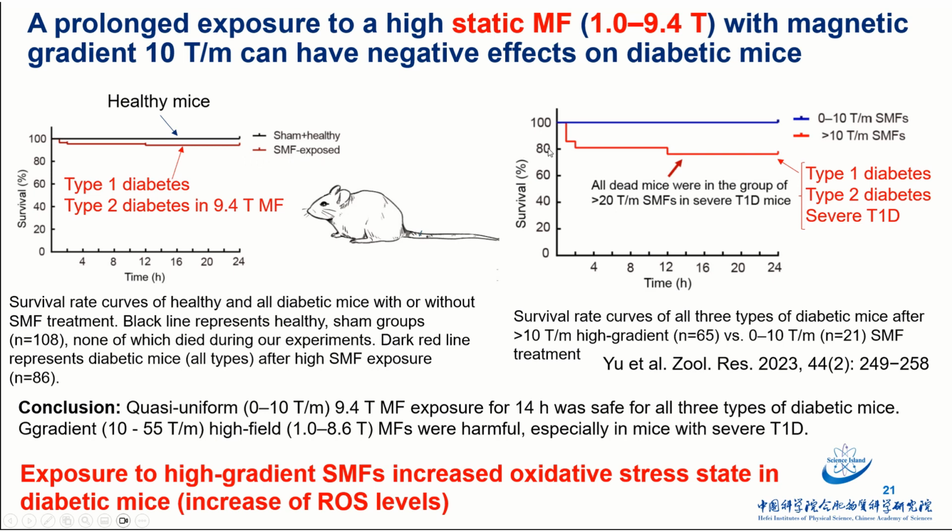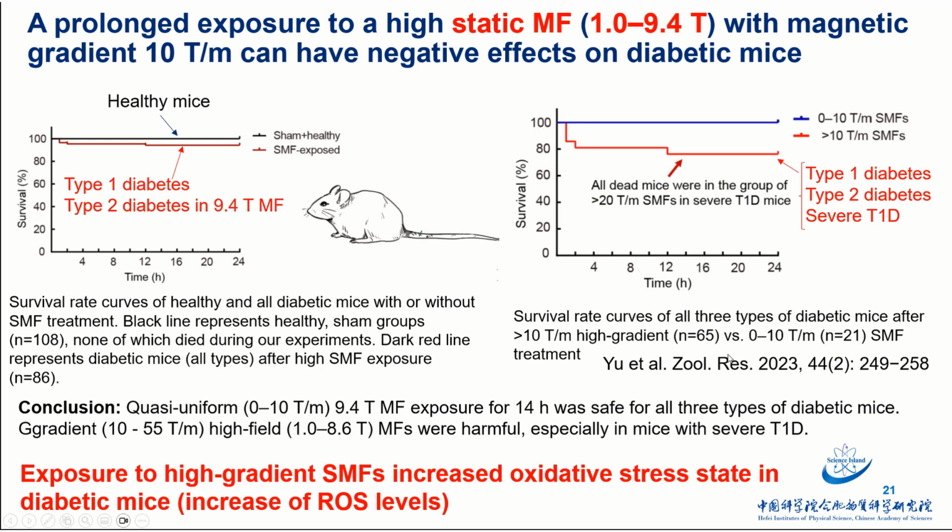On the right, you can see that exposure to a quasi-uniform 9.4 Tesla magnetic field for 14 hours was safe for all 3 types of diabetic mice, but high magnetic fields between 1 and 8.6 Tesla with a gradient larger than 10 Tesla per minute were harmful, especially for mice with severe diabetes.